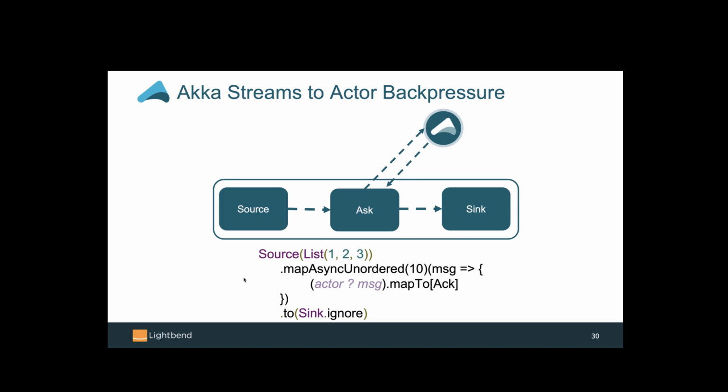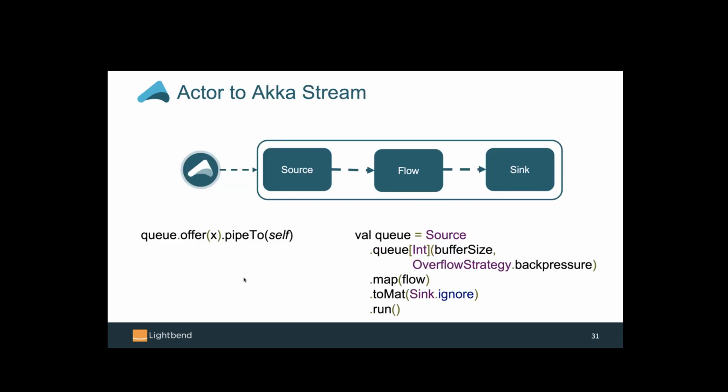But to flip that script, and this is really one of my favorite patterns in Akka: if you have an Akka actor, how do we get back into streaming world? If we have an actor that's received a message, and we want that actor to say, I want that message to be processed in this stream over here, how does an actor go about adding messages to a stream?